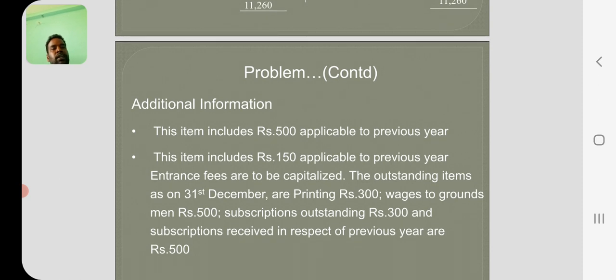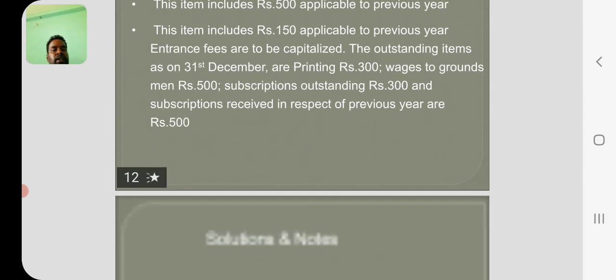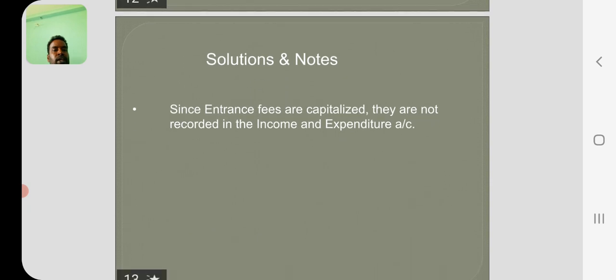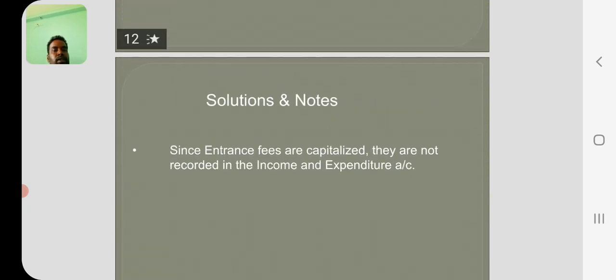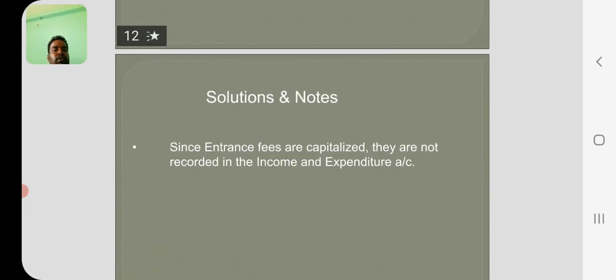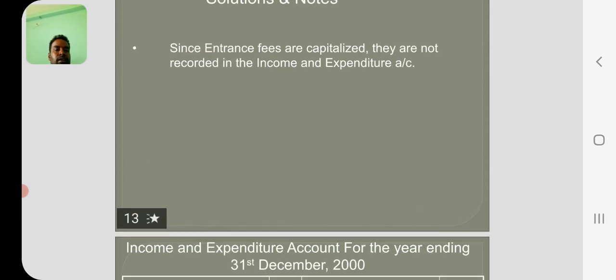The outstanding items as on 31st December are printing rupees 300, wages to groundsmen 500, subscriptions outstanding 300, and subscription received in respect of previous year 500. So see here solution. Since entrance fees are capitalized, they are not recorded in income and expenditure; that should be recorded in the balance sheet.